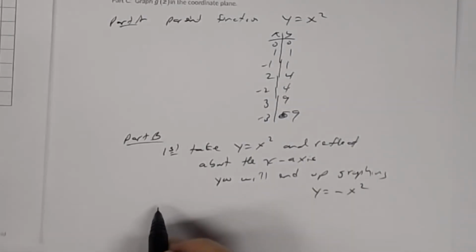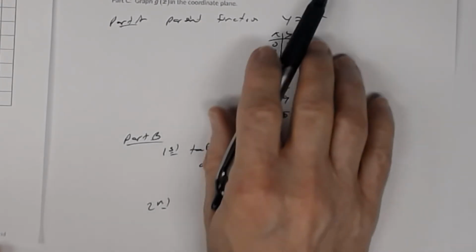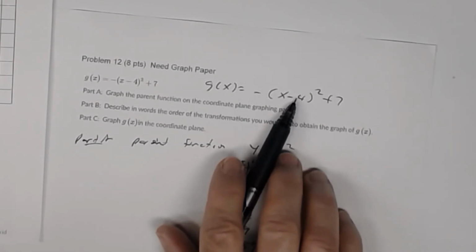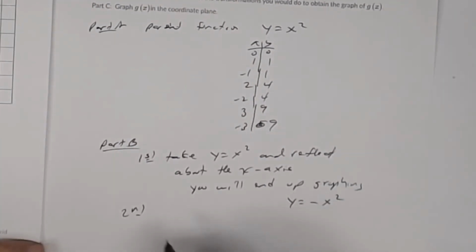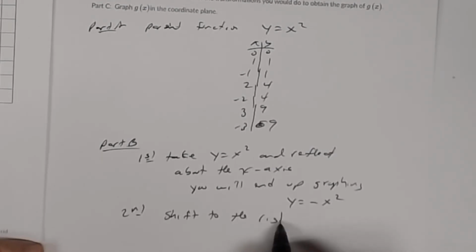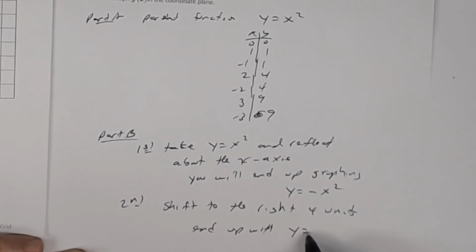Now, the second thing you're going to do is take what you just graphed and shift it to the right 4 units. So most of you said this: shift to the right 4 units. But remember, when you shift to the right 4 units, you're actually shifting this. So you end up with the graph of y equals negative, in parentheses, x minus 4 squared.